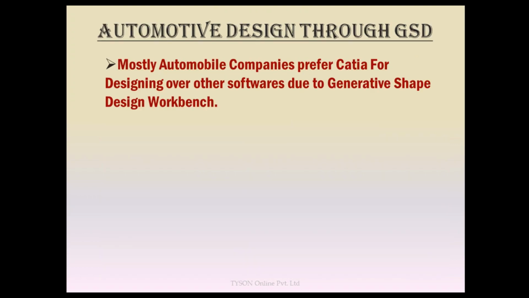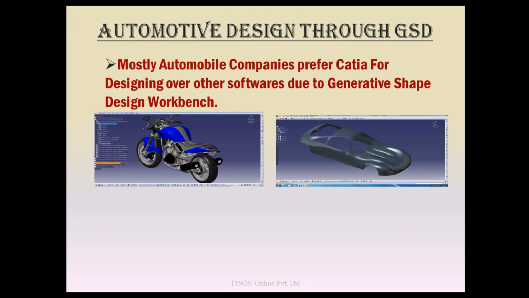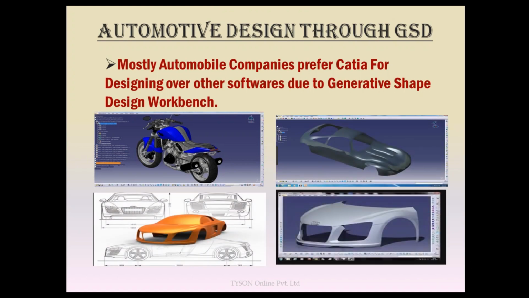Okay, so you can see automotive design. Why do automobile industries prefer CATIA over other software? Because you can see the complex shapes of the automobiles, chassis of the car, hood. Then you can see an entire bike designed in that left side image. So this cannot be created in any other software with that ease. It can be created in other software, but CATIA enables us the best way to create this kind of shapes.